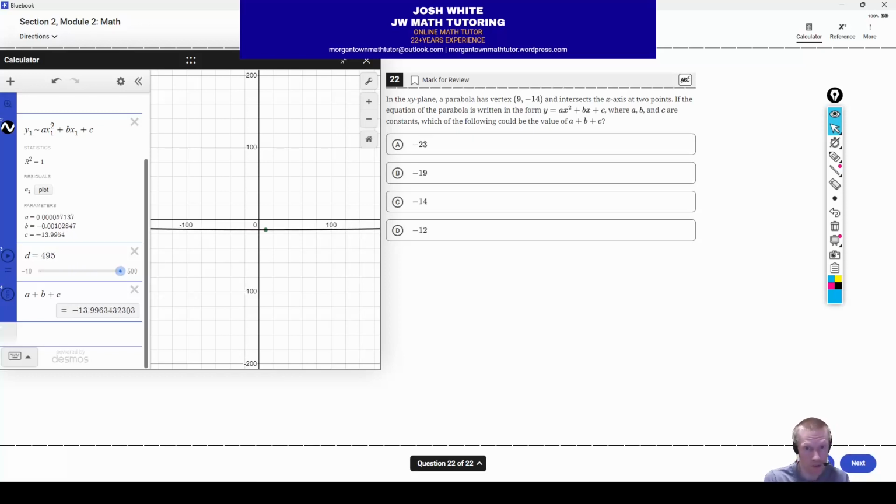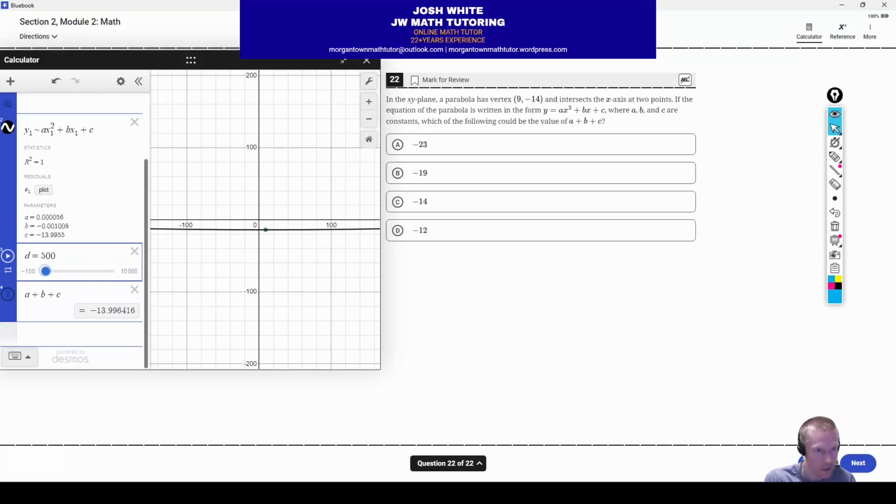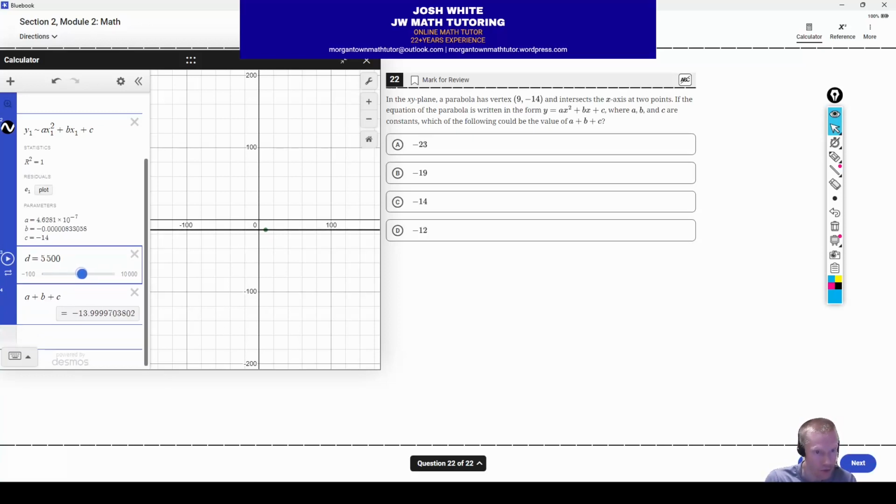It's getting really close to negative 14, but it never actually hits it. Even if you scroll to 10,000, and I set the step value to 100, it's negative 13.9999999, getting real close to negative 14, but it never actually hits it.